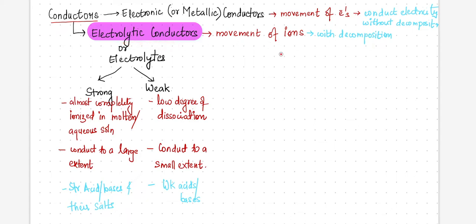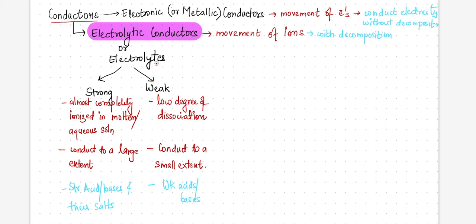Therefore we have a decomposition happening while the conduction of electricity happens. So these are the main two types of conductors, and in the coming videos we'll talk more about the electrolytic conductors and the various parameters connected with the same.